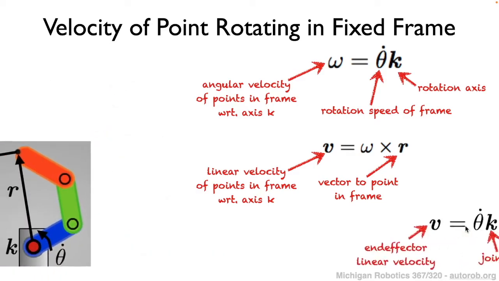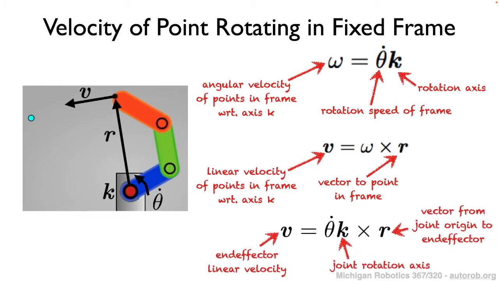If we substitute in our term for angular velocity, we have this final equation: the end effector velocity as a linear velocity is equal to the rotational speed multiplied by the rotation axis, and then cross product with the position of the point relative to the axis of rotation.